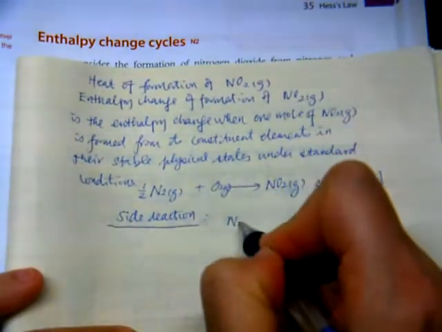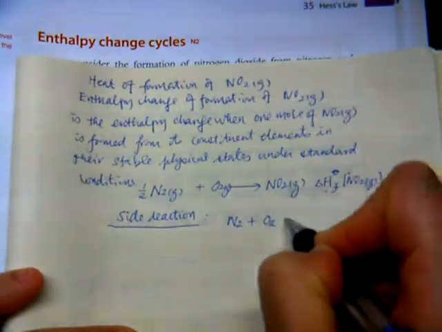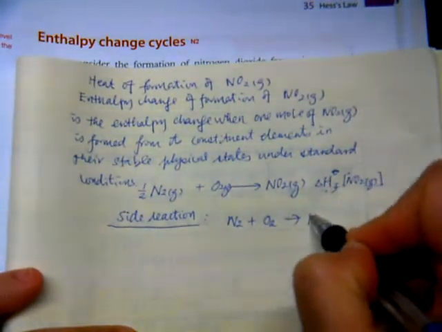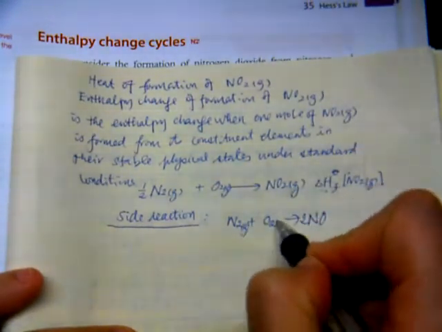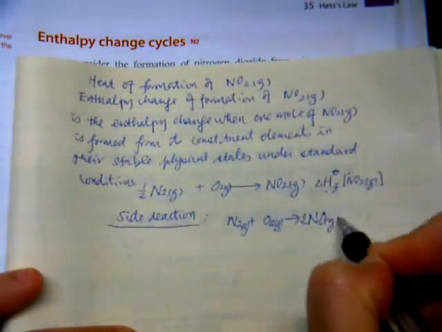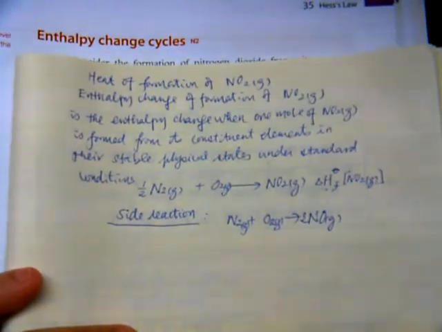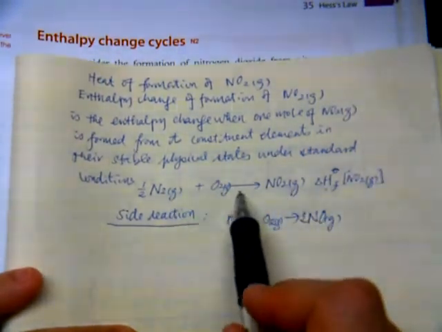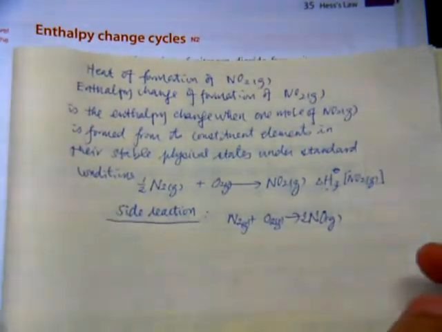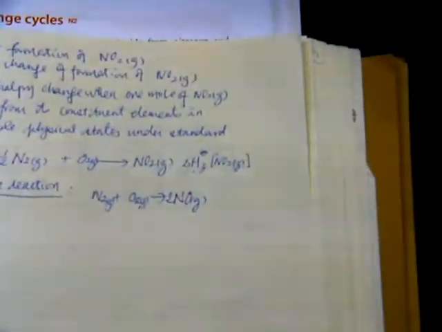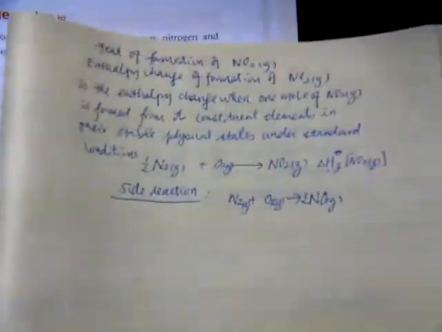The most obvious one is N2 reacting with O2 at very high temperature to form NO instead of NO2. So it is difficult to determine this enthalpy change directly. Then how can we determine its value? By using Hess's law.